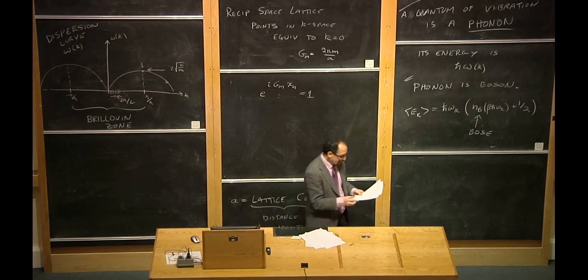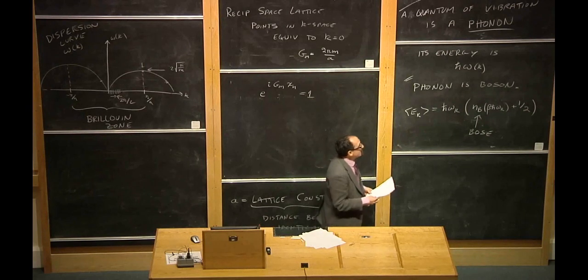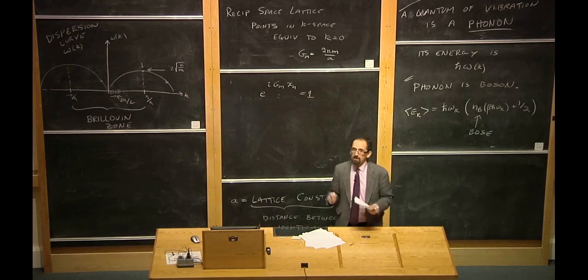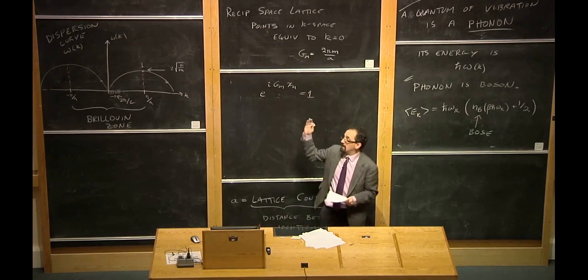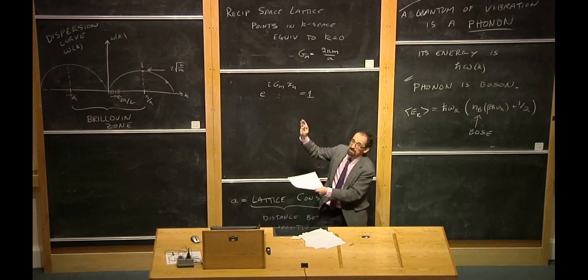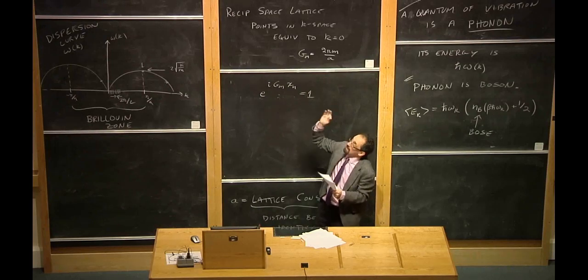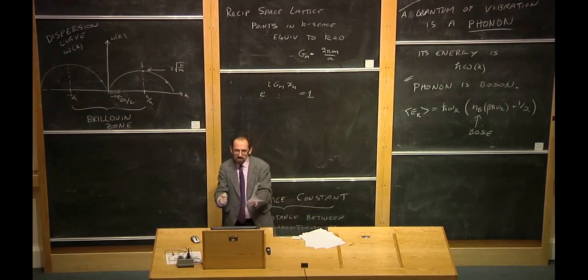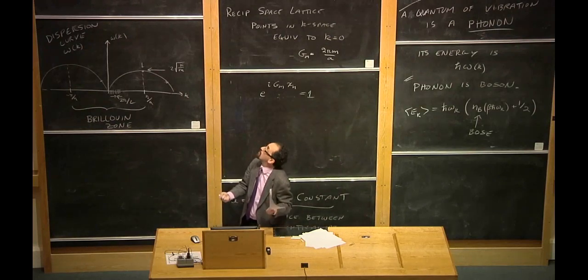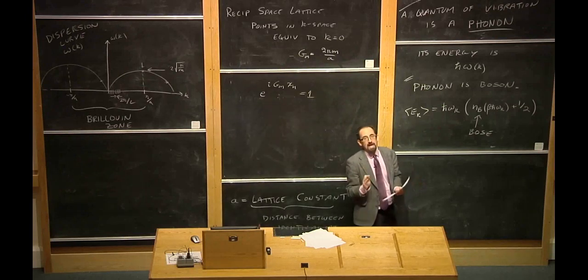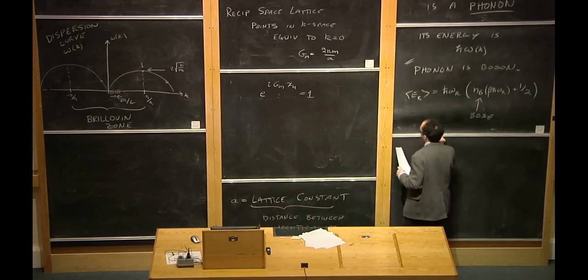Yes? Yeah, okay, good. So now we can use this information to actually calculate the quantum mechanical heat capacity of our chain. Now, our chain is a rather simplified model of what's going on. It has a number of simplifications: the springs are only between nearest neighbors, and they're perfectly harmonic springs. But given those simplifications, we're going to end up with an exact answer for the heat capacity, no approximations at all.